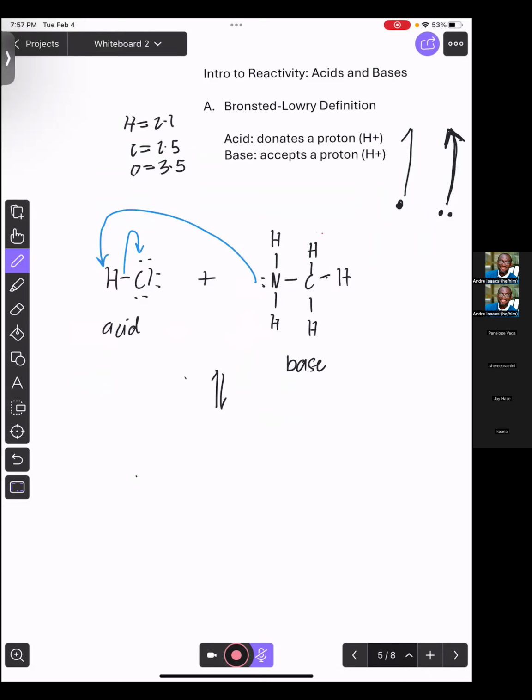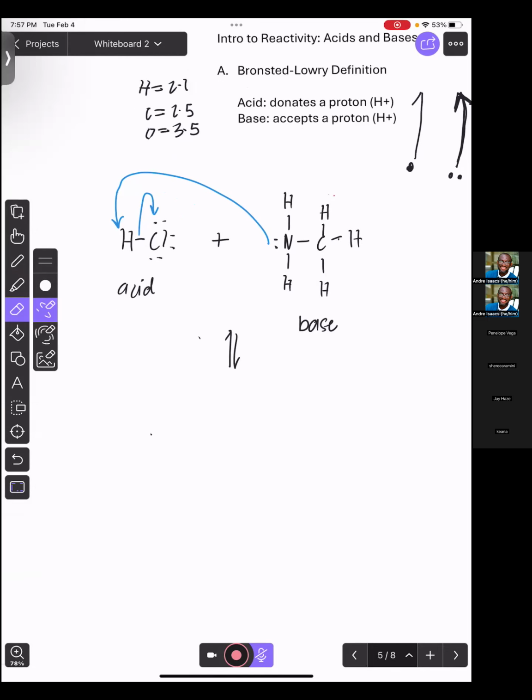Okay? Now, let's see if you could actually draw the products properly. Let me see if you drew the products properly. So what's going to be left over here? We're going to have Cl minus, right? The Cl finally got its electrons, which means it's going to be negative.